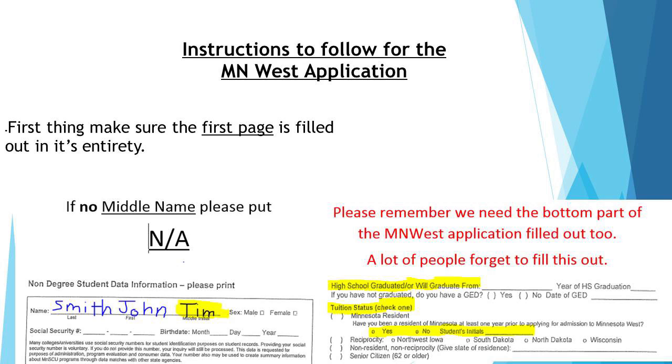Fill out the rest of the questions on the first page to the best of your knowledge. Missing information can hold up the application process, and as a result, the student could lose their class spot to someone else. Look at the examples provided closely.